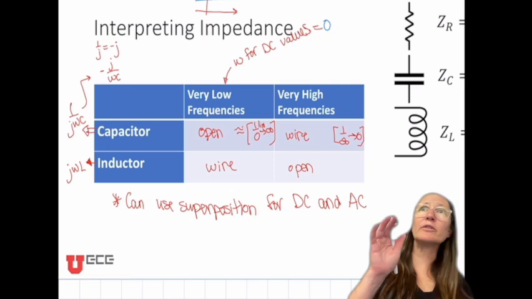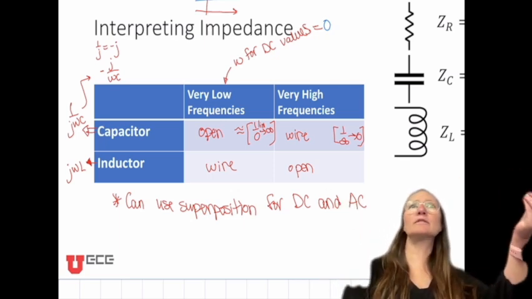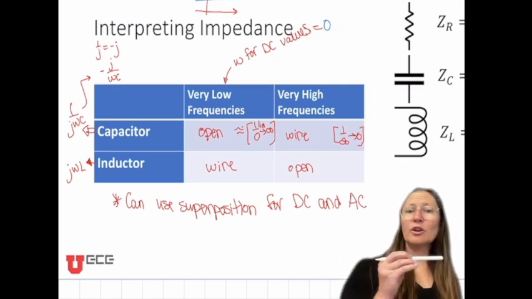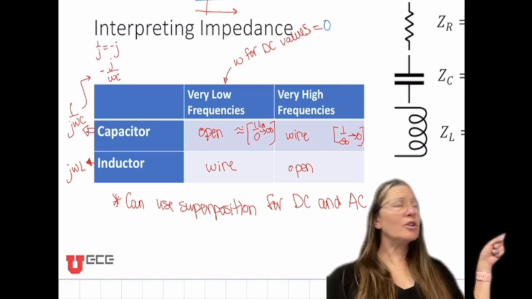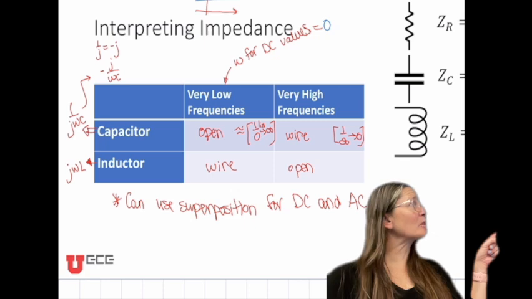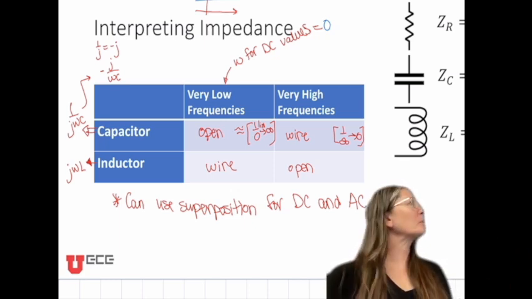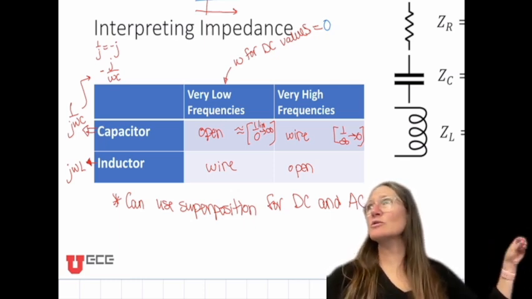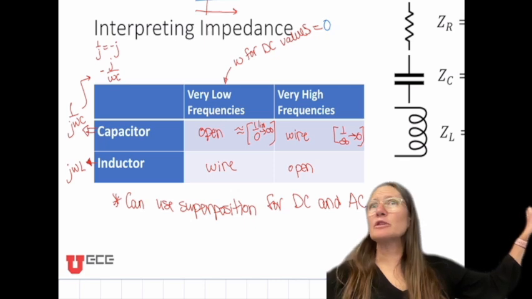So you zero out the DC, solve for AC, zero out the AC, and solve for DC. When you zero out AC and solve for DC, you replace the capacitor with an open and the inductor with a wire. It becomes what we were used to, same thing as if it sat there for a long time with no changes to the circuit. So that becomes easier to solve for the DC portion.